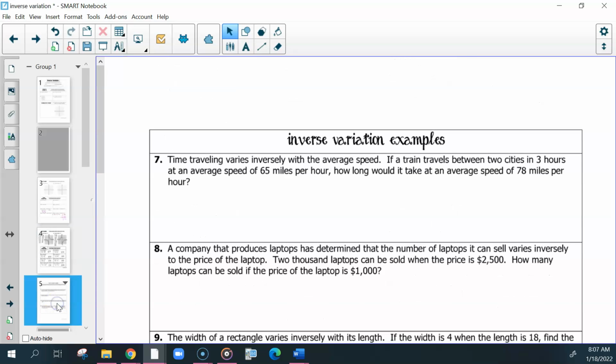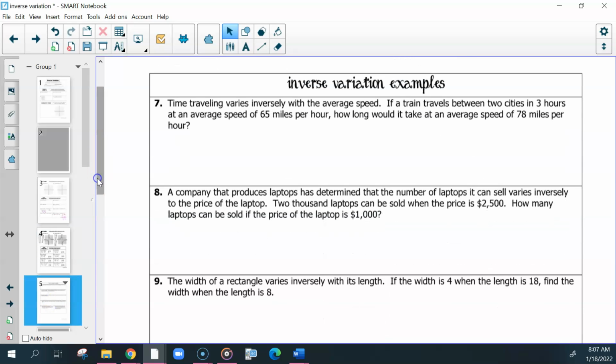Okay, let's go through these word problems. We'll just go through a couple really fast. Just like the direct variation, this is very much the same thing. You're doing the same process, finding the missing value.